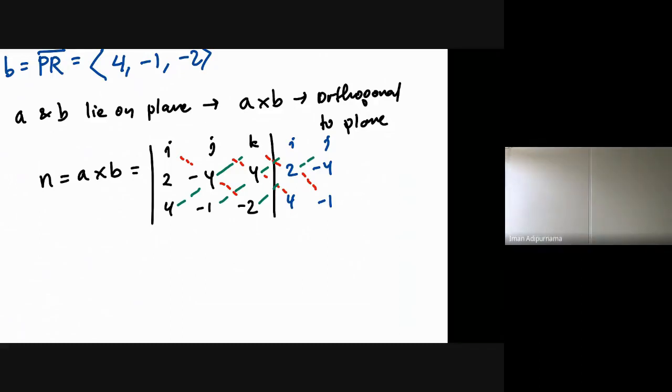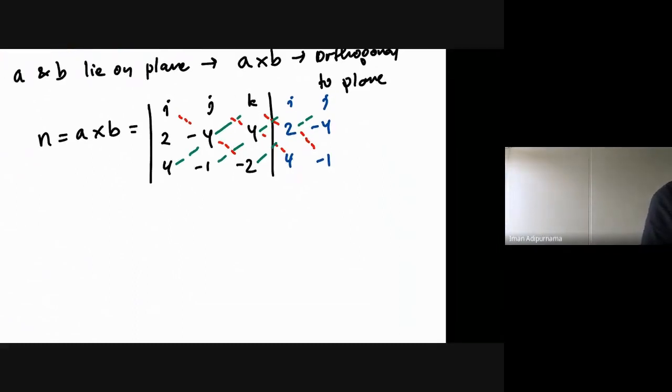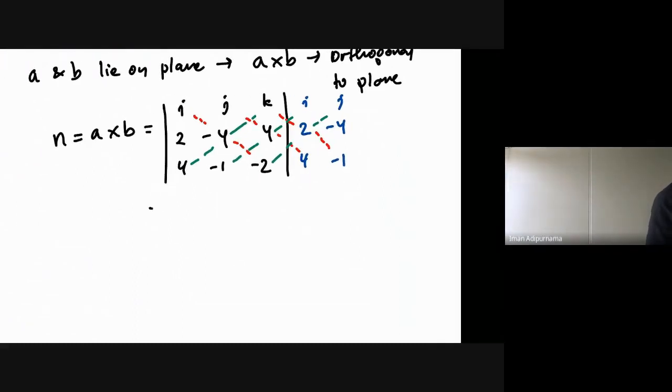Same, right? I think most places use this to quickly find order 3 determinants. Okay. And you calculate all of this, it becomes 12i plus 20j plus 14k.